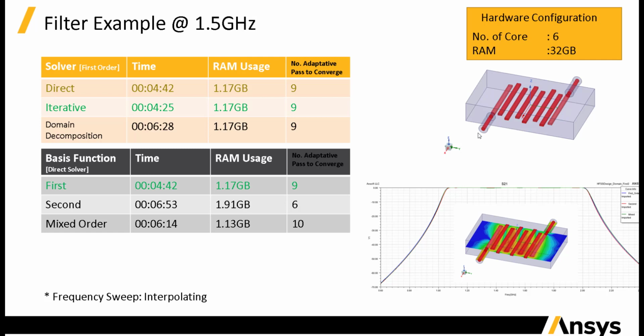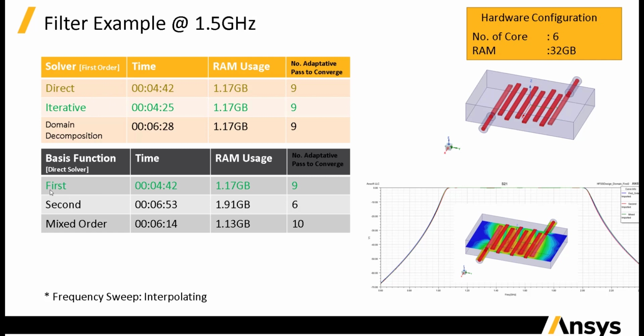So if you try to decompose a very simple model, it's going to take a lot of time. And almost all the simulations take almost the same memory. That's a good point. And you can see the iterative performance is good. A couple of seconds variation between direct matrix and iterative. So for a simple model I will prefer, you can go with either the iterative or direct, from the basis function point of view.